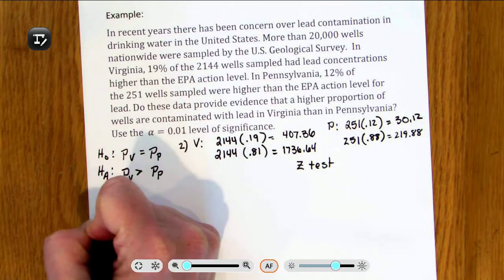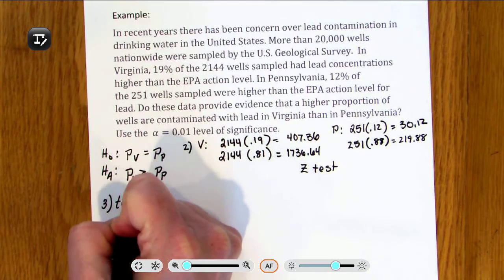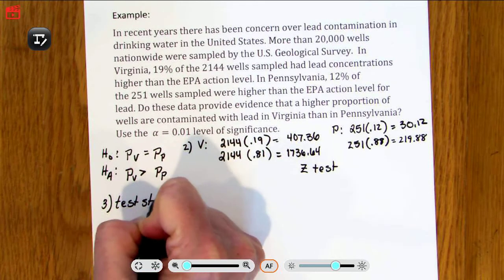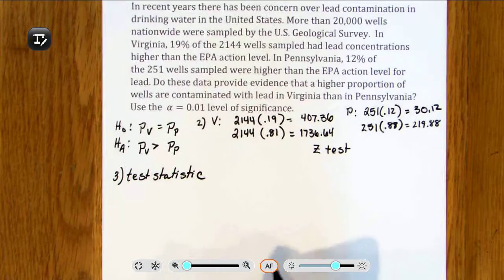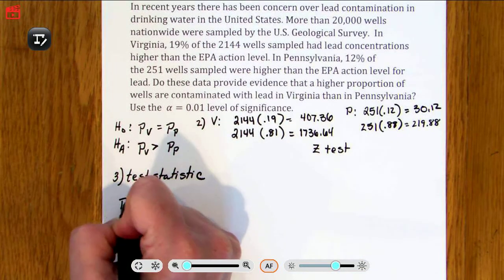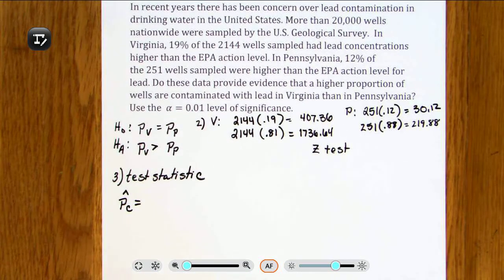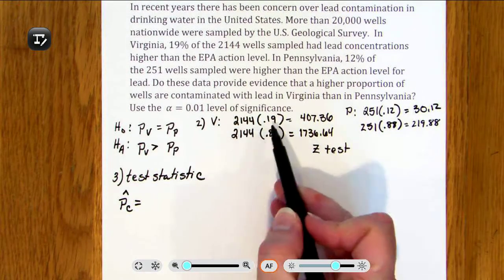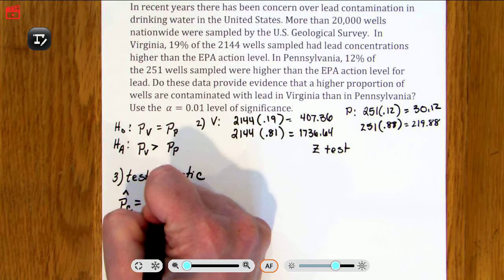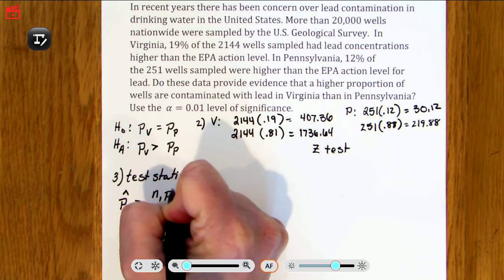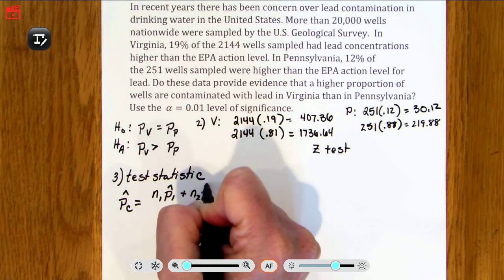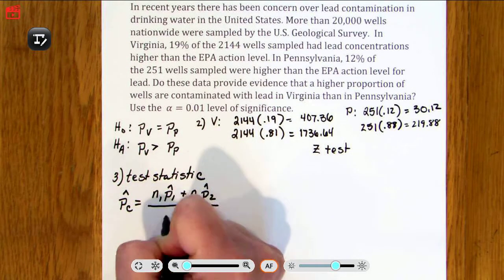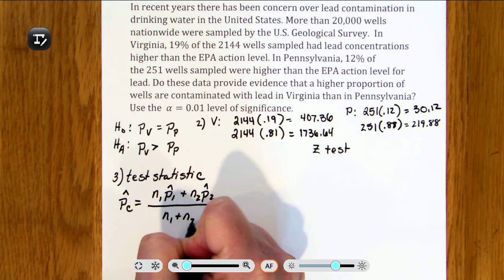Step 3 is that test statistic. So the first thing I'm going to do is calculate that combined piece, so that p hat combined. And that is going to be taking that n1 times p hat 1, adding it to n2 times p hat 2, all over n1 plus n2.